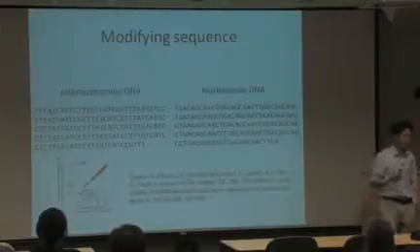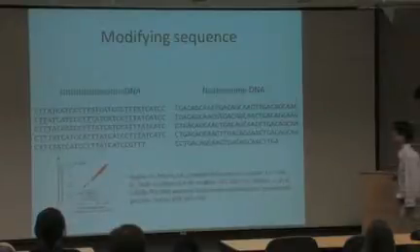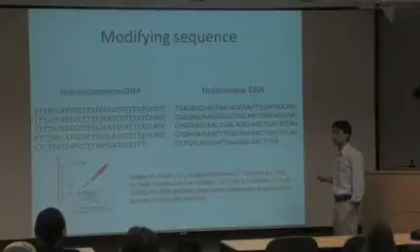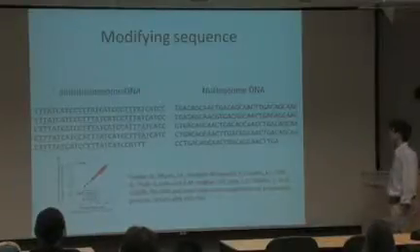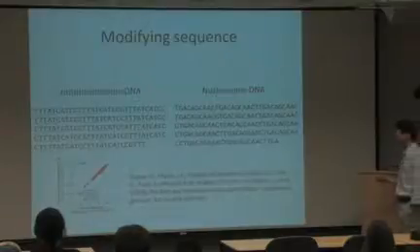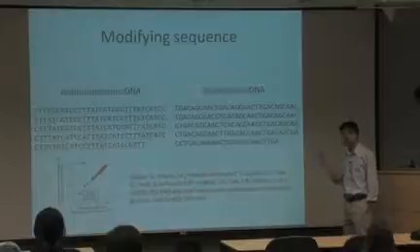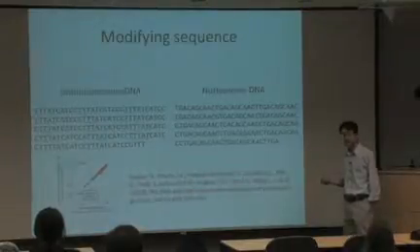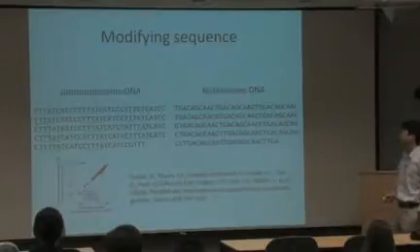let's just focus on what sequence feature gives rise to this difference. So as I mentioned, antinucleosome DNA has these AT stretches repeating every 10 base pairs, and it's known from this large-scale study that among all the sequences that you can assemble, it is those that are very rich in A's and T's that don't like to form nucleosomes very well.